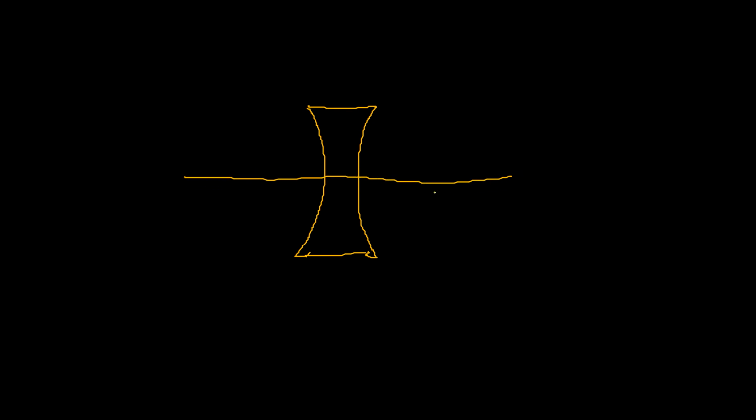So we can see the concave lens I am taking here. A concave lens is a diverging lens. When light rays fall on it, it diverts the light rays. As you can see on the screen, this is a concave lens.